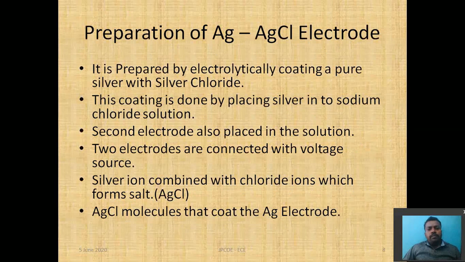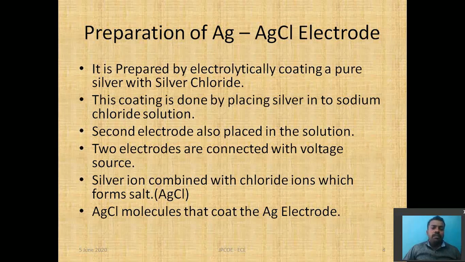Then the preparation of the silver and silver chloride electrode. It is prepared by electrolytic coating of pure silver with silver chloride. How is it possible? Take two silver electrodes and put them into sodium chloride solution.